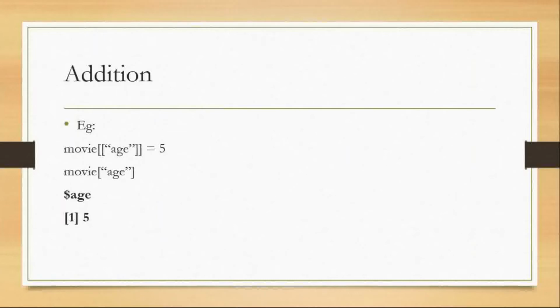The next operation is addition. So we can add elements to a list similar to adding elements in a vector.